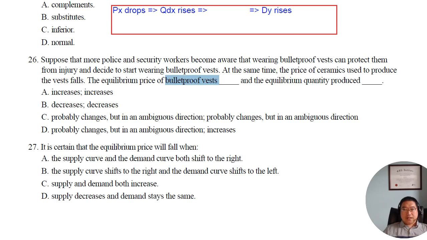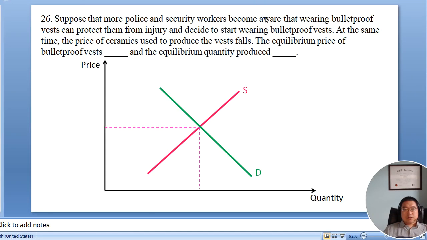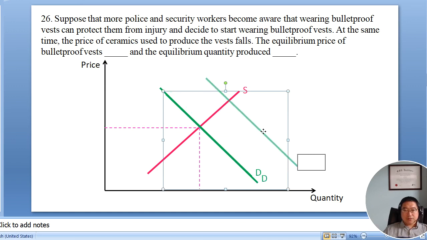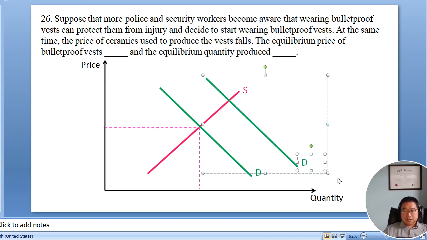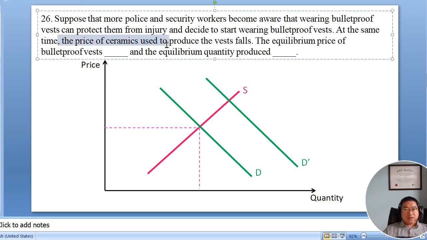So let's look at this question on a picture. More people want to wear the bulletproof vests, so the demand actually increases. We will move the demand curve to the right and say this is the new demand curve. At the same time, the price of the ceramics used to produce, so basically the input, becomes cheaper.